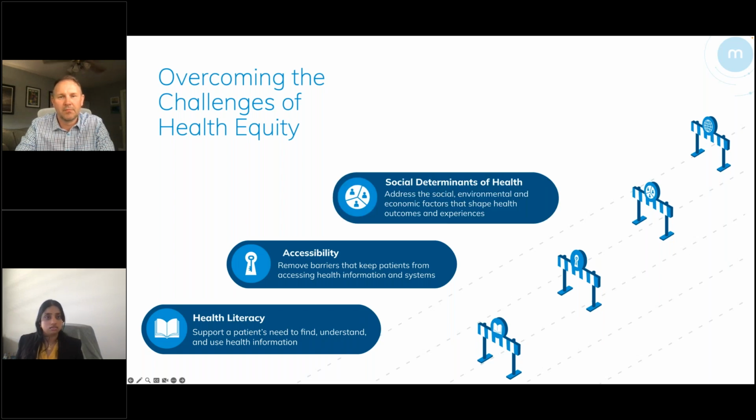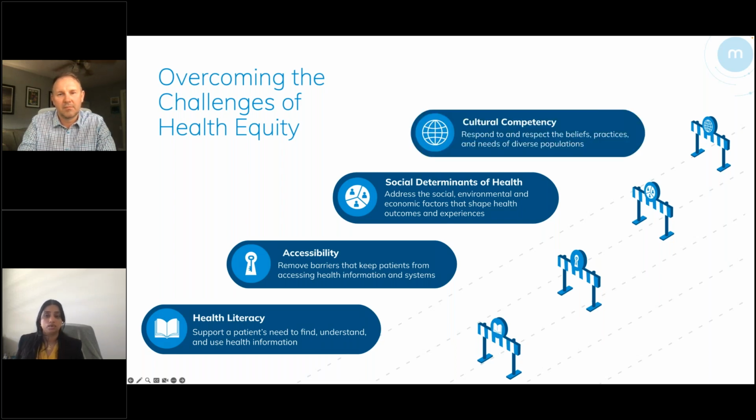Social determinants of health, something that we're also hearing a lot about in addition to health equity, where we want to address the social, environmental, and economic factors that shape health outcomes and experiences. And last, cultural competency. We want to respond to and respect the beliefs, practices, and needs of a diverse population. That is what the American landscape is. It's an extremely diverse, rich tapestry, as we often hear.